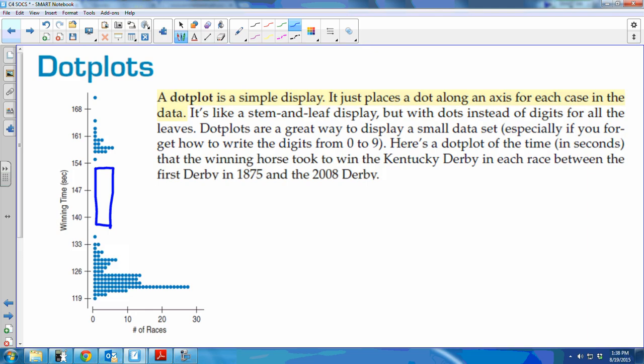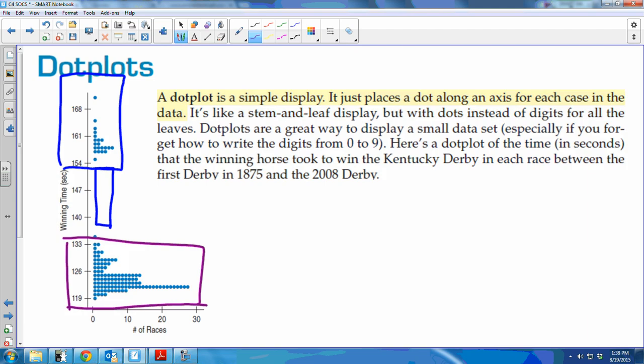Now it's way shorter. And so since it's shorter, the winning times are shorter. So you have a gap because they changed the race length. Right? So maybe I should only be concerned in the old races. Or maybe I'm only concerned in the new races. Do I really want to put it all together? Okay? So you want to mention that there is a gap. That could be significant. All right?